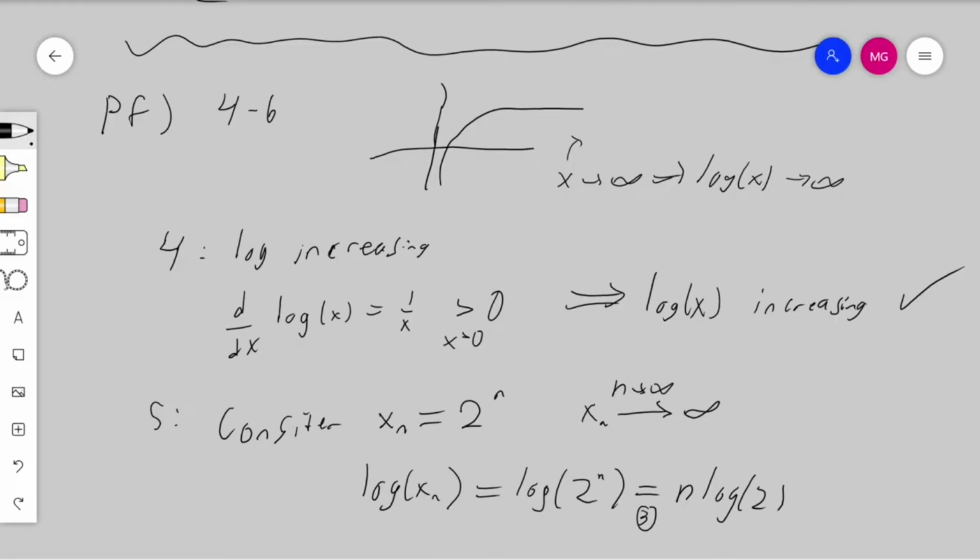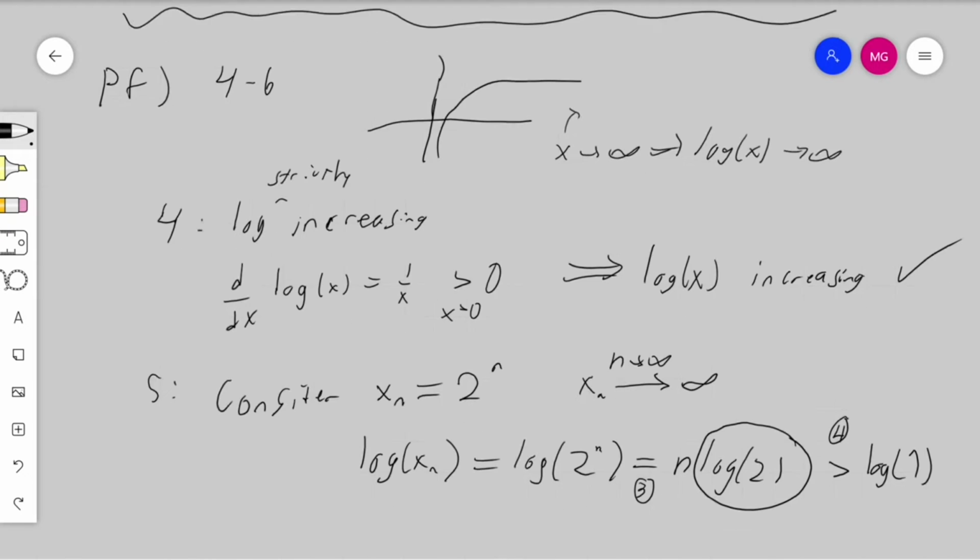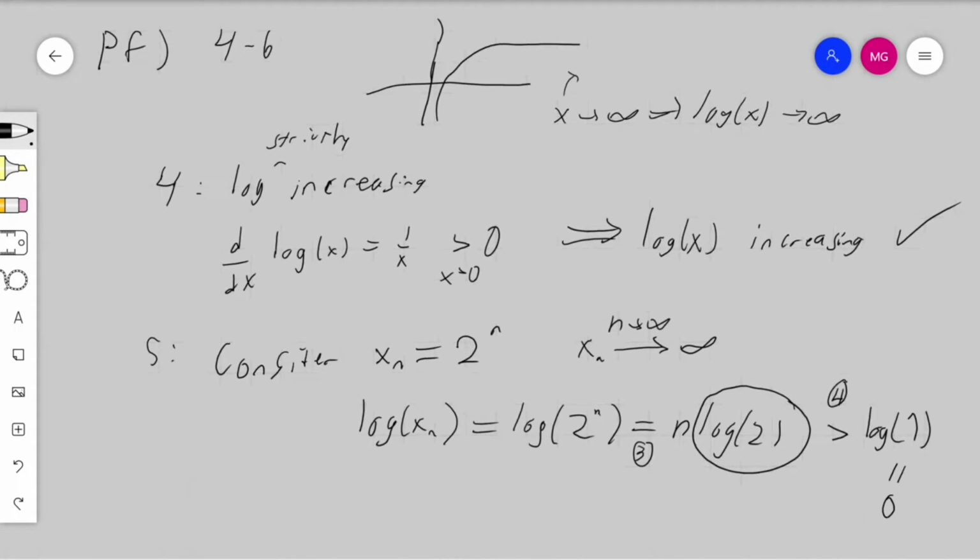And now let's just take note of the fact that log of 2 is strictly greater than log of 1, because we're using the fact, by 4, that the log function is strictly increasing. We probably should have put that above: log is strictly increasing because the derivative is strictly positive. And so we have log of 2 is strictly greater than log of 1, and log of 1 is of course 0.